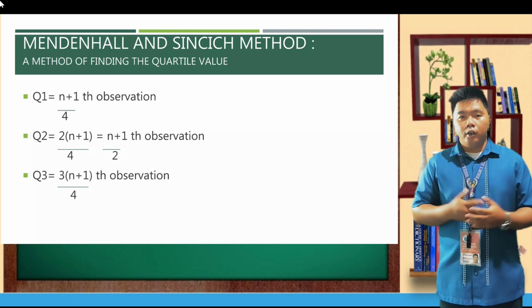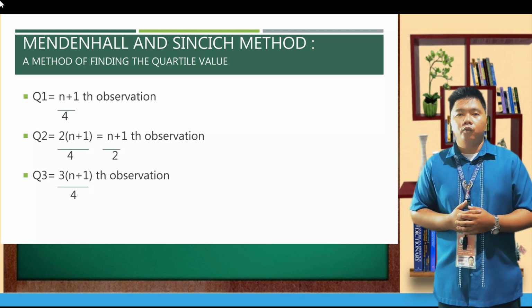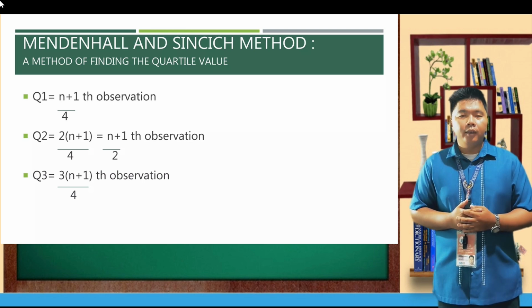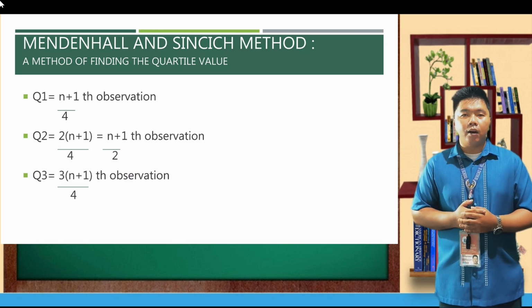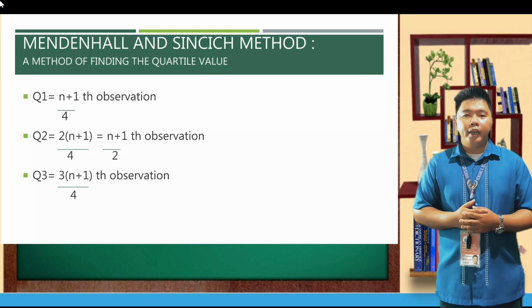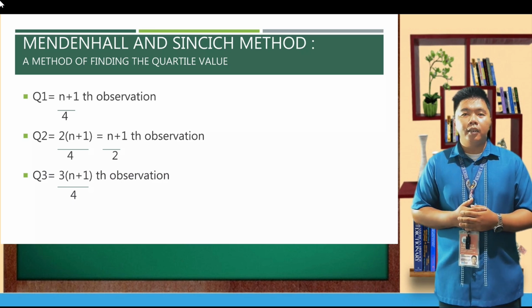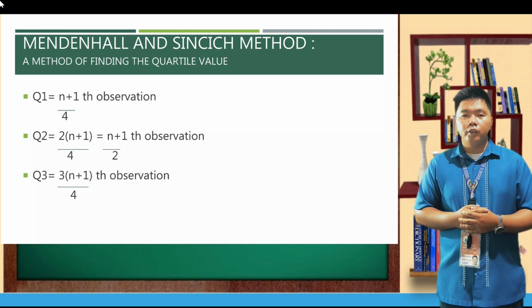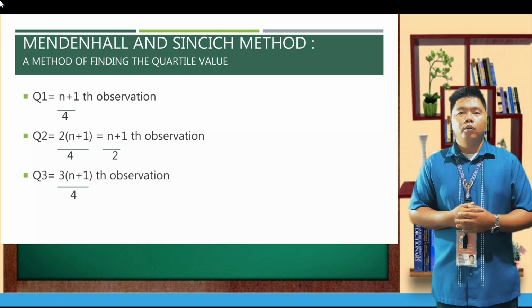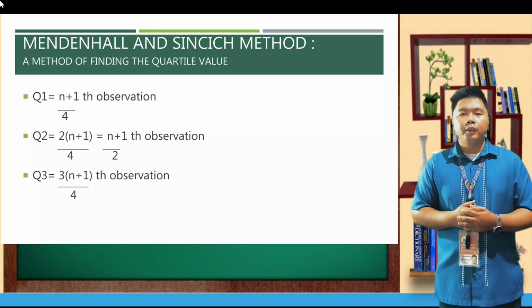So for the quartiles, it has a formula of Q sub 1 is equal to 1/4 times the quantity of n plus 1, wherein n is the total number of data. Second, for our Q sub 2, we have Q sub 2 is equal to 2/4 times the quantity of n plus 1.